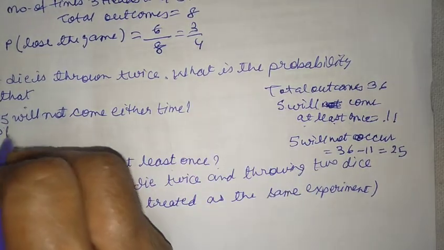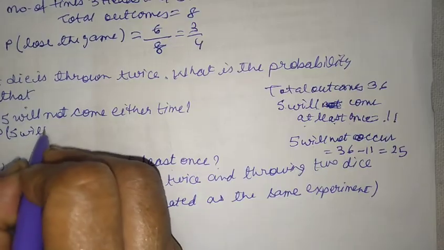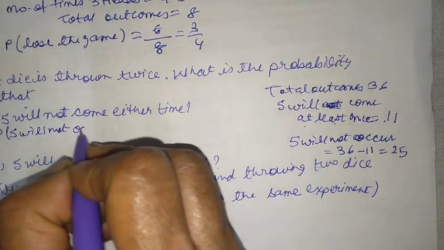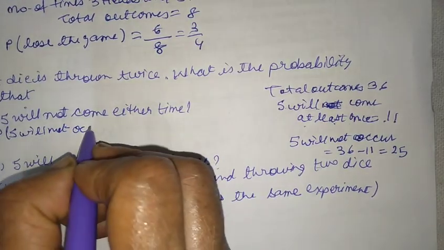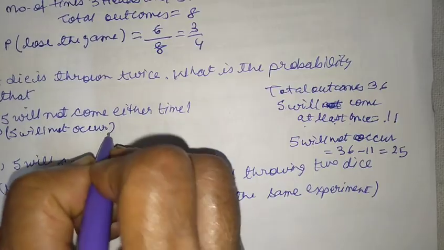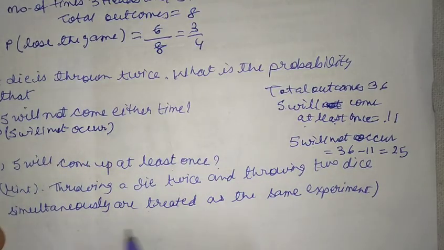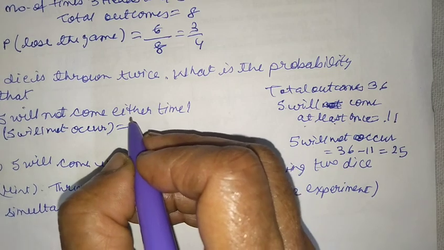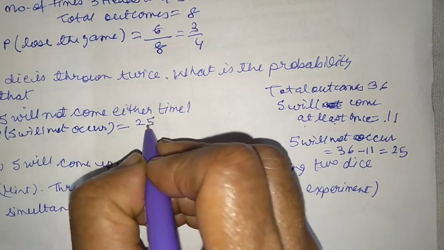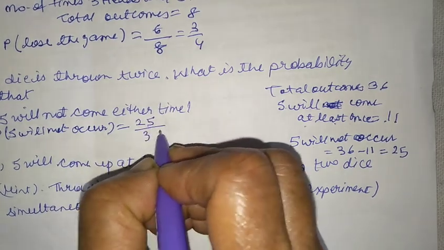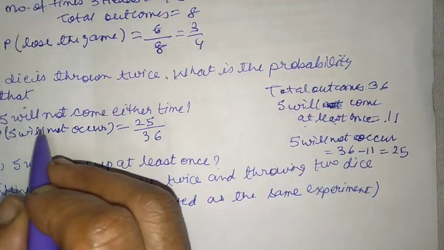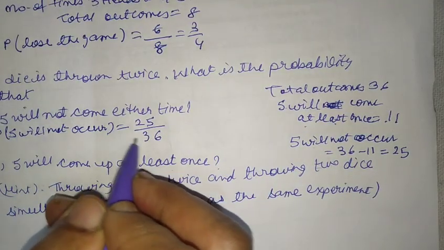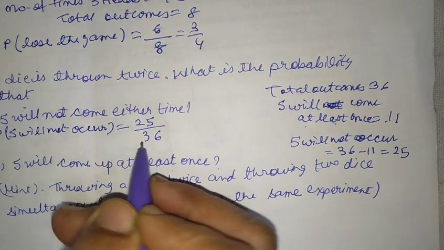So the number of times 5 will not occur is 25 here, and total outcomes is 36 here. So the probability that 5 will not occur either time will be 25 by 36 here.